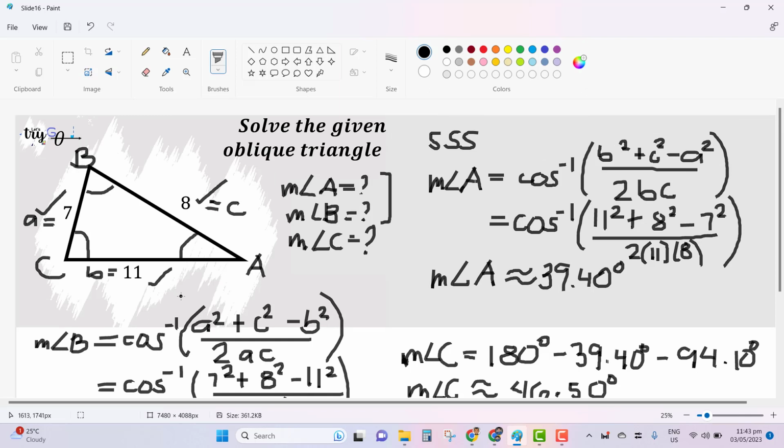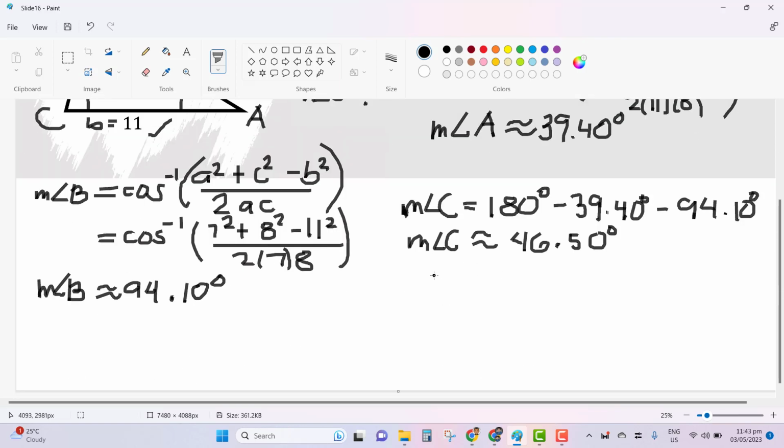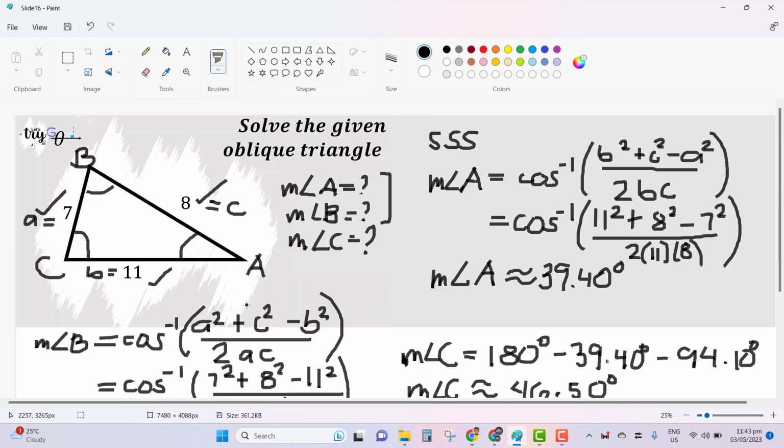Now, let's check whether they are actually correct using the concept that the side directly opposite your largest angle should be your longest side, and the side directly opposite your smallest angle should be your shortest side. Here, our largest angle is B with approximately 94.10 degrees. So we could check here that b is your longest side, 11 versus 7 versus 8.